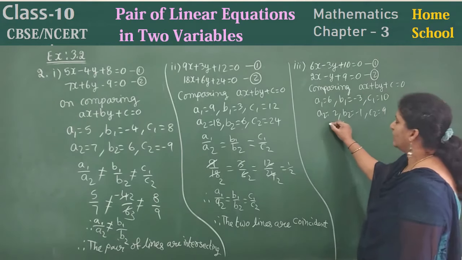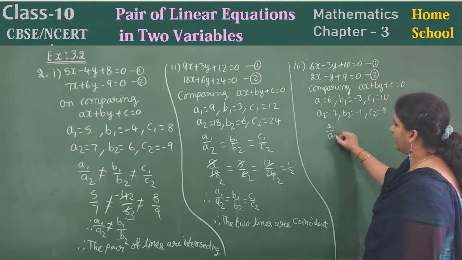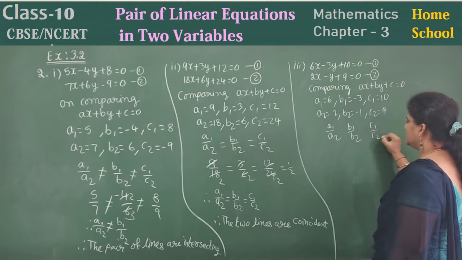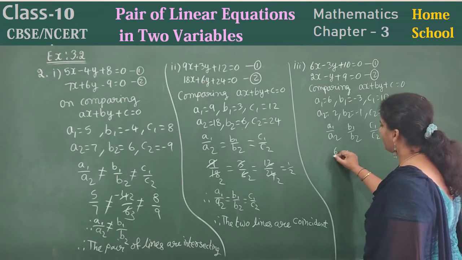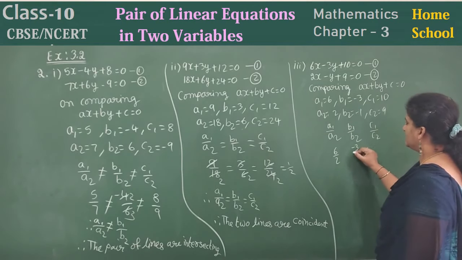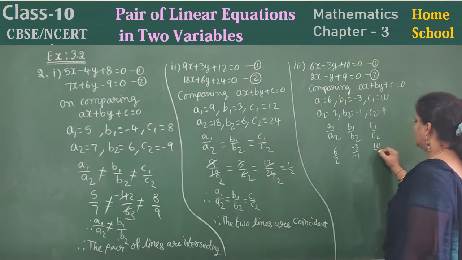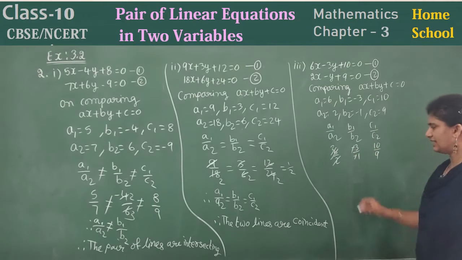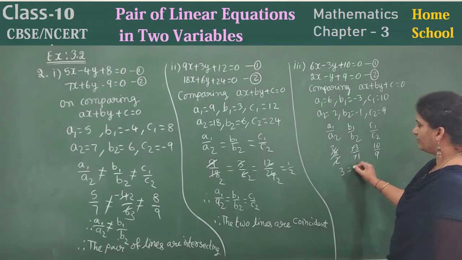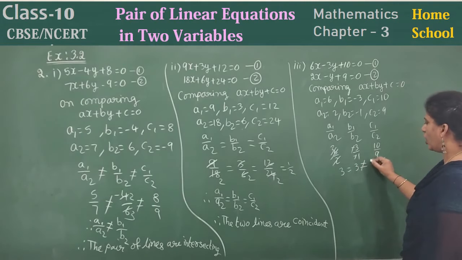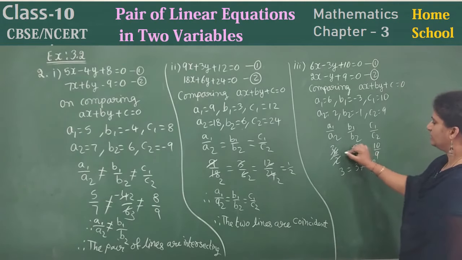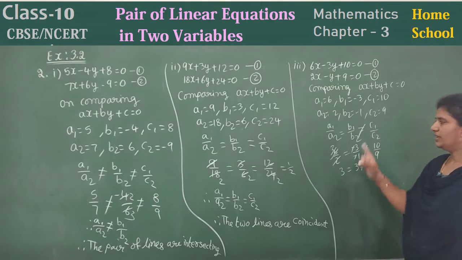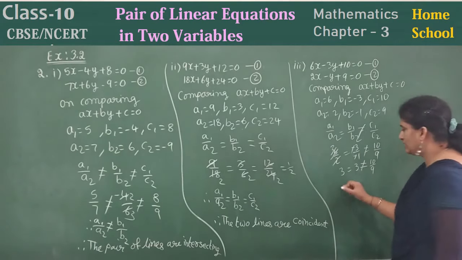Okay, now write here, compare with a1 by a2, b1 by b2 and c1 by c2. 6 by 2, minus 3 by minus 1, 10 by 9. 2 3s are, then minus minus cancel. What you can say? 3 equal to 3 is not equal to 10 by 9. So now this is not equal. Then what you can remember here, children?